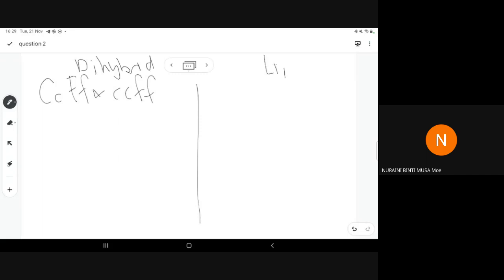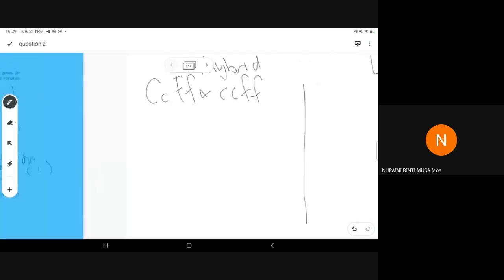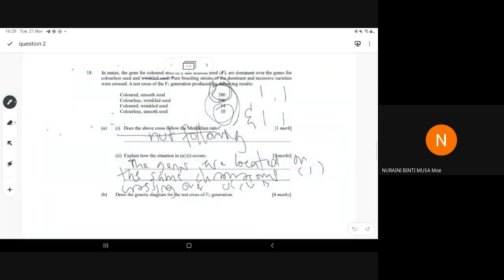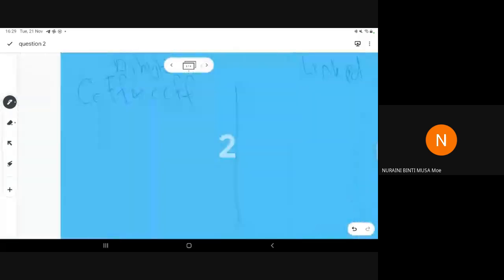Okay, but ini dihybrid dan ni link. For link gene, awak dah tahu, you know this again, bukan daripada lukisan, bukan daripada awak punya penghafalan. You know dia punya lukisan ni ialah link gene based on again the ratio yang kita ada kat sini. So from this ratio, awak tahu dia link gene. So bila awak lukis, awak kena lukis format yang berbeza.